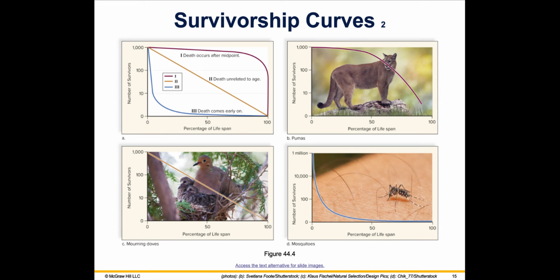And then we have a type 3 curve, which is where we have a lot of death to start off. But then if you make it, you can live your full life. So something like mosquito larvae. We lay our eggs and have our larvae in a water source. Maybe the puddle dries up.